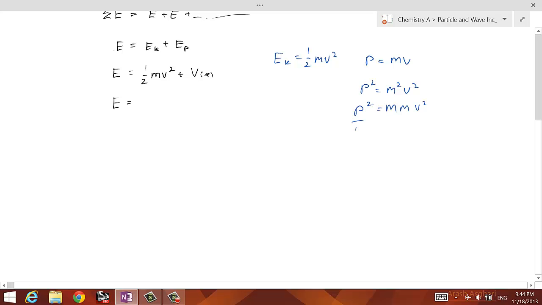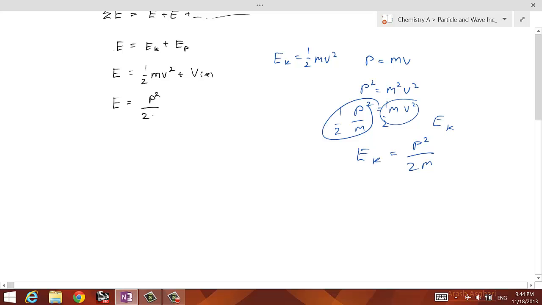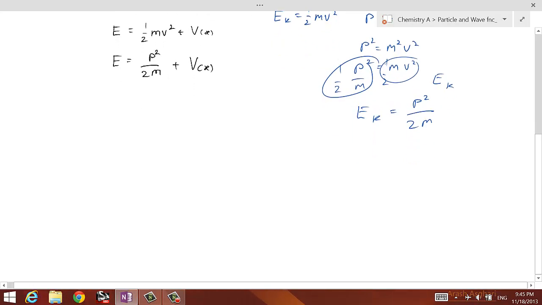I move one m down to get p squared over 2m. This looks familiar, but I need the half, so I multiply on both sides, and now you get EK equals p squared over 2m. Now p squared over 2m plus the potential energy of the function.